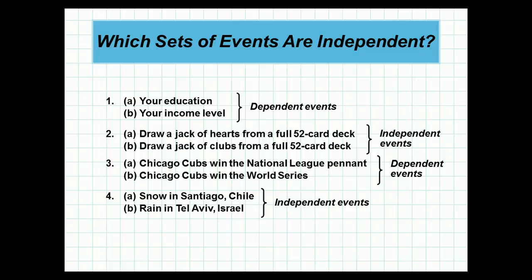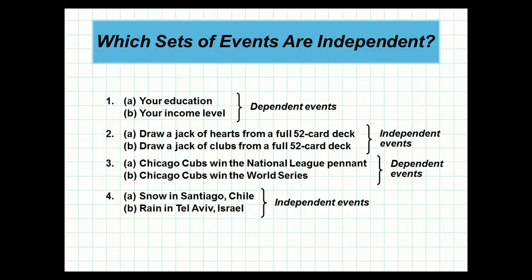So your income level is in some part dependent on your education. Whether or not you pull a jack of hearts from a full deck of cards is completely independent of whether you would draw a jack of clubs from a full deck of cards. Pulling one and then repeating the occurrence does not have any effect on the possibility of what event will occur the next time.